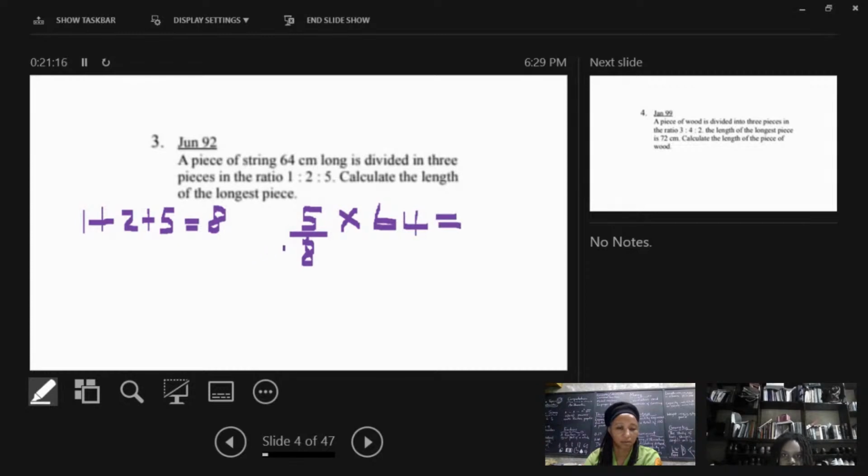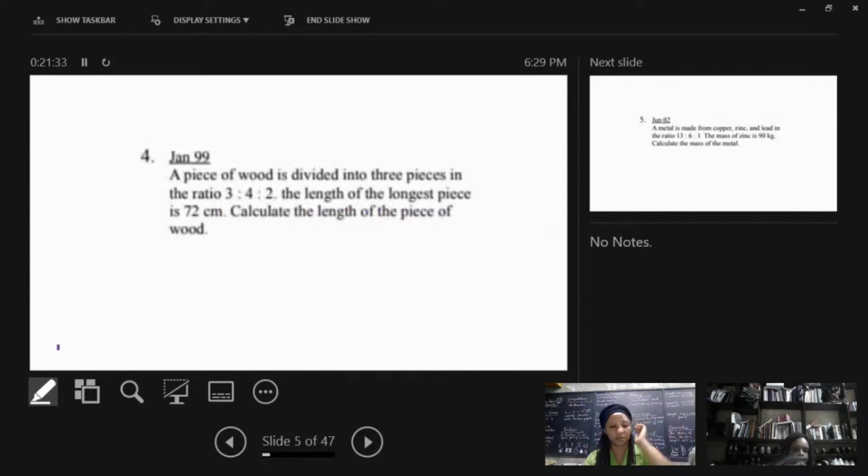So 8 into 64 goes 8 times, and 5 times 8 is 40. So 40 centimeters is the length of the longest piece. Correct.